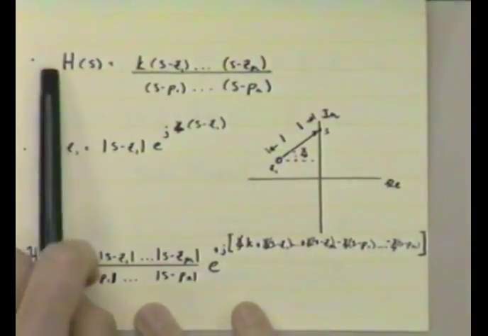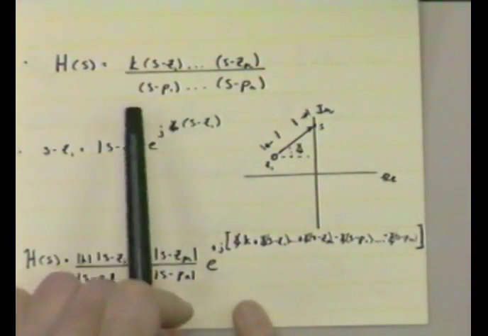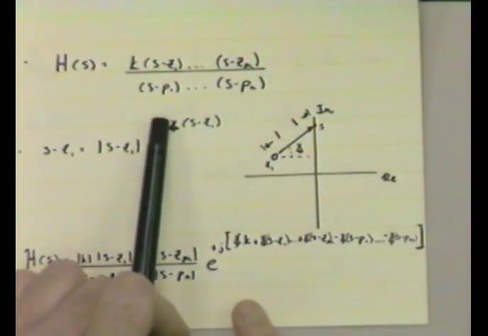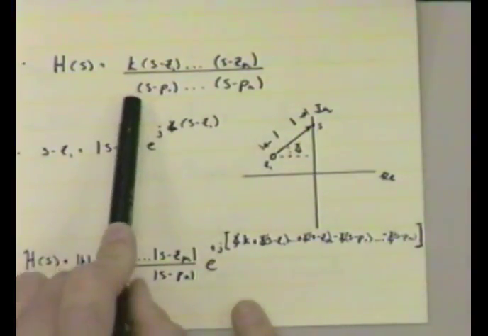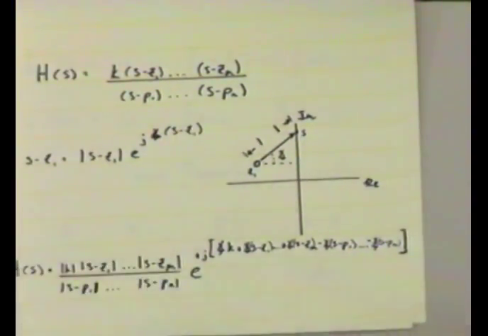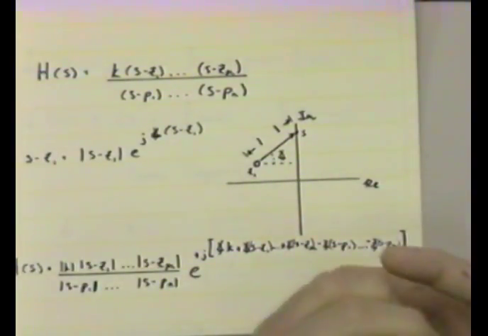To do that, our starting point is a transfer function written in this factor form. The reason for that is that from this form we can tell at once what the zeros and the poles are going to be. And there's a very simple graphical interpretation of the magnitude and phase of h in terms of the zero and pole locations.